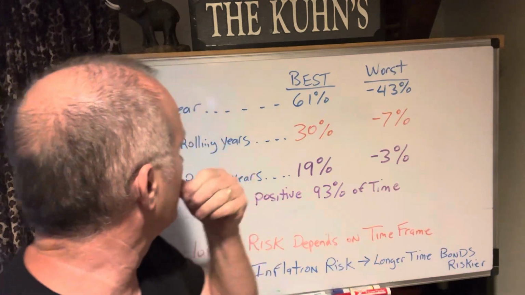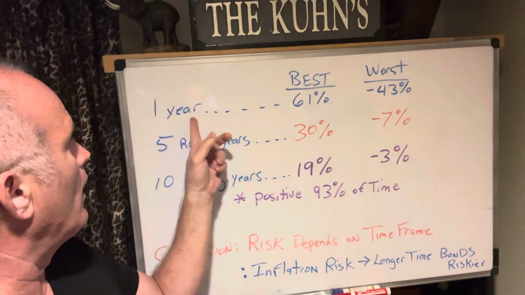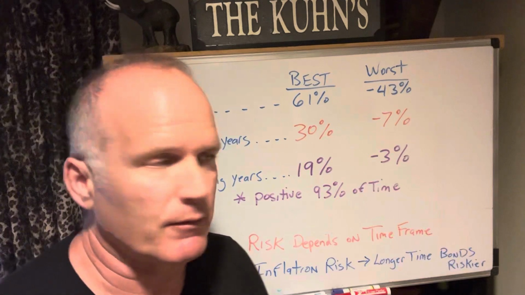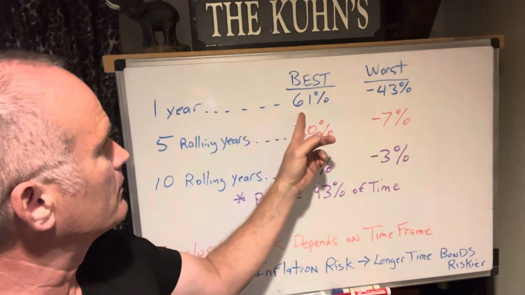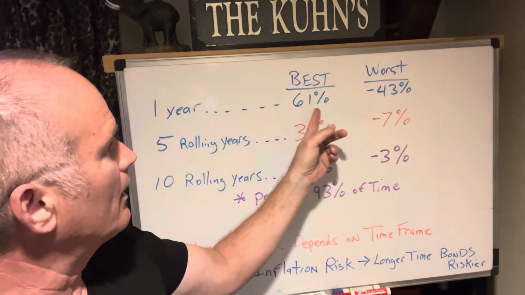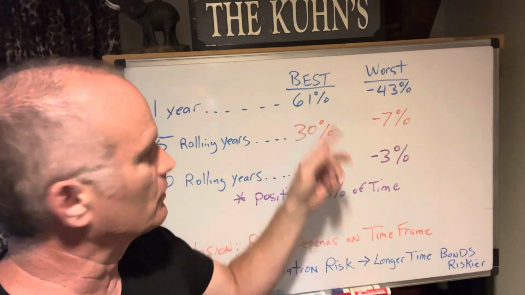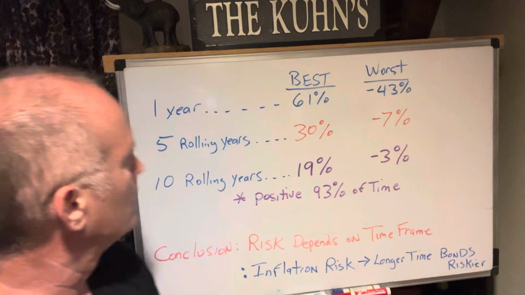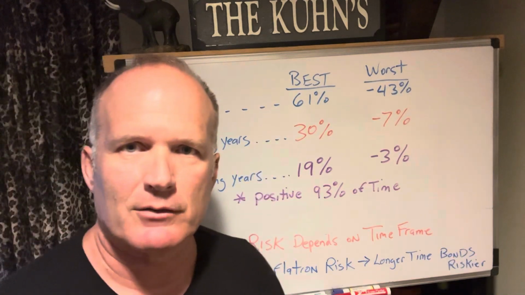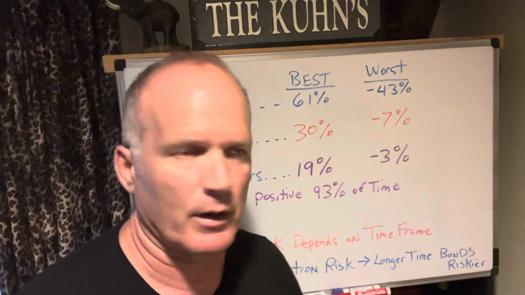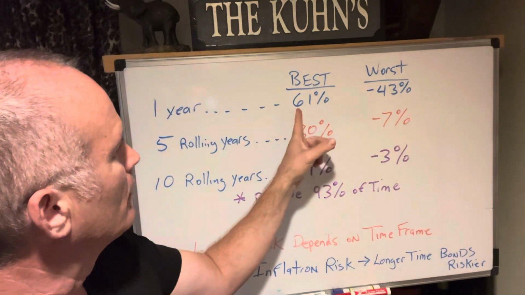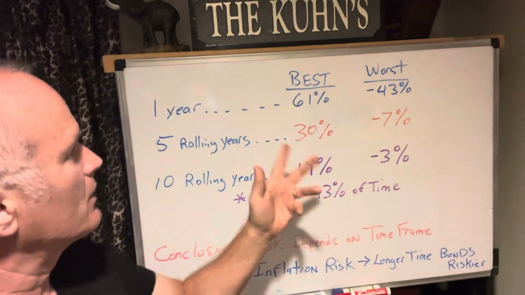But I'm going to give you a summary here. If we look at 1-year returns, and these are all S&P 500, the best one returned 61%. Just looking at one individual year, I can't remember how far back in time this went. It was at least 1929 because I saw a data point from that. So 61% was the best 1-year return.